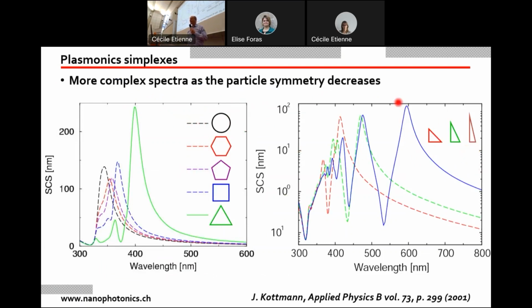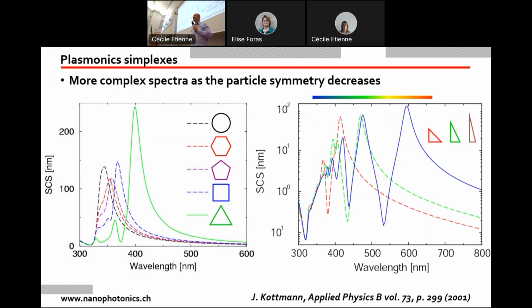And we observe that actually when you decrease the symmetry, you have a lot of additional modes that appear, which explains that when you're going to scatter light on this particle, although you would think it should be blue, it's going to appear red, for example, for this triangular particle. So it's the shape of the particle, and the shape of the particle is going to control the way the electrons move inside the metal.